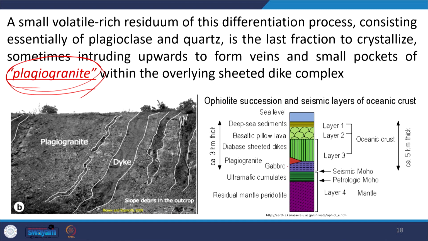So, this plagiogranite intrudes into the sheeted dike complex. If you see here, this is the sheeted dike complex, these are the dikes, and these are the plagiogranite parts, which are intruding as tongues and apophyses, or as a large-scale body you can find here at the base of the sheeted dike complex.